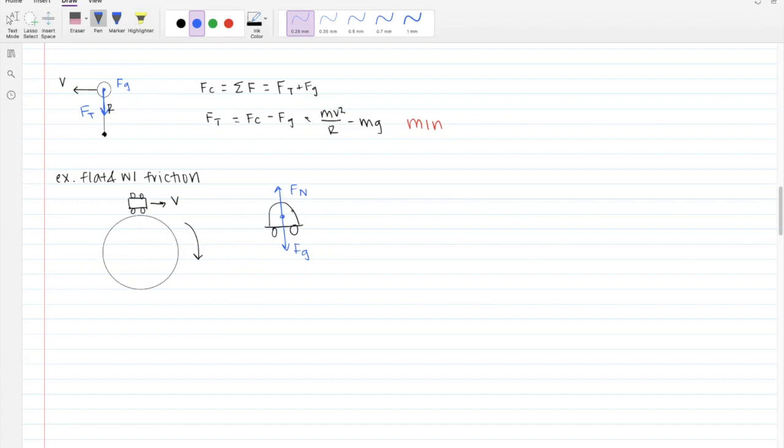Now, because again, we aren't accelerating in the y direction, these forces are equivalent to one another. And therefore, the only force acting upon this car has to be the force of friction. That is the unbalanced force, and it's directed towards the center.